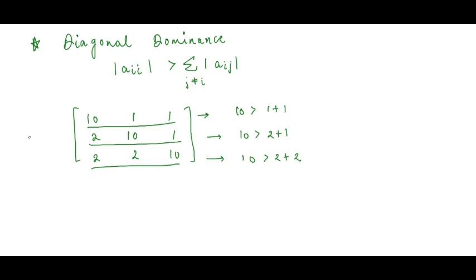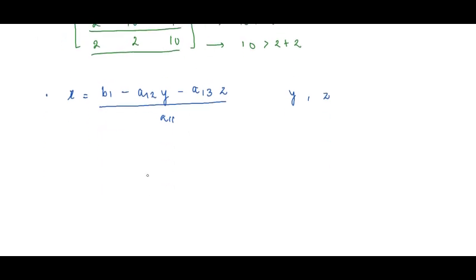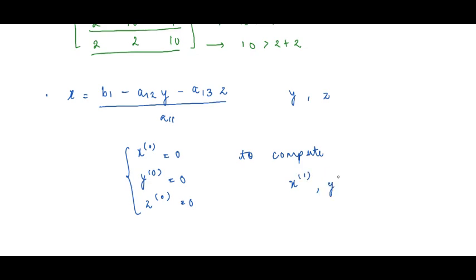Then rewrite each equation by isolating one variable and write the expressions for x, y, and z, or the given unknown variables. Now choose an initial approximation as 0 and use these values to compute x1, y1, and z1, and repeat the whole process until the desired accuracy is achieved.